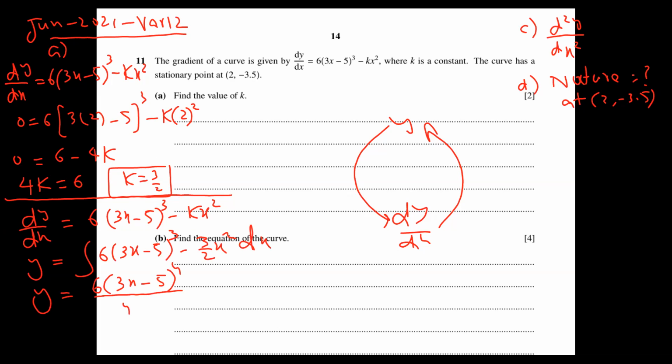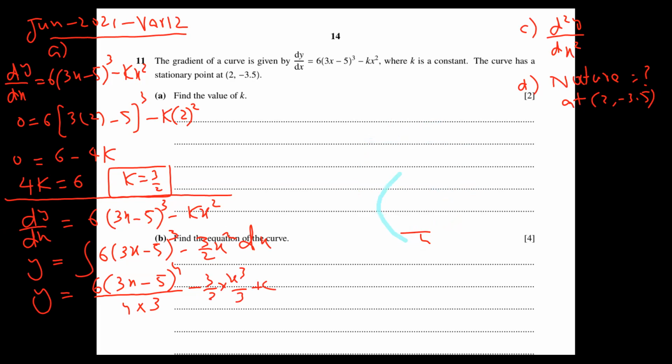Many students miss one thing. What are they missing? The derivative of the base, the bracket value. 5 has a derivative of 0 and 3x has a derivative of 3, so 3 will come extra. And sorry, I did not integrate this one. When you integrate this one, the power 2 increases by 1 to 3 and is divided by the same, and plus c is compulsory.